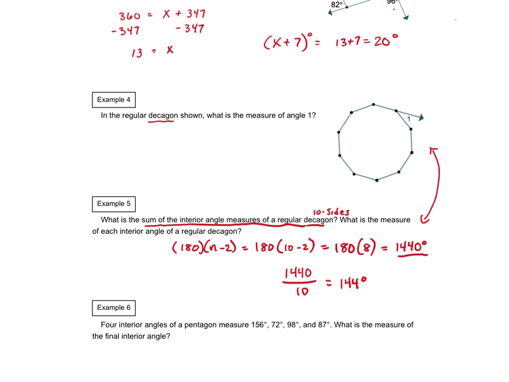So there we go. Now, let's take that to example number 4. So this angle right here is 144 degrees. And then what is the measurement of angle number 1?